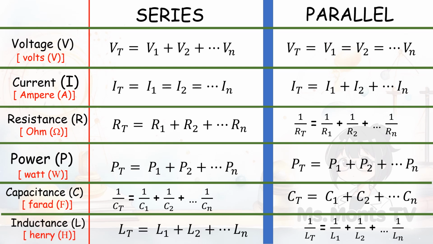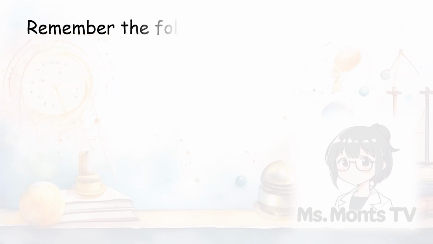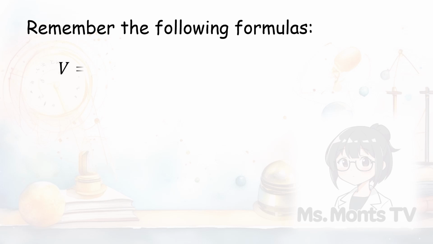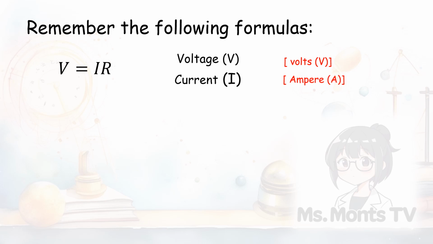Inductance. So the total inductance in series is L1 plus L2, and the total inductance in parallel is 1 over L1 plus 1 over L2. So you will know how to use it later. Remember the following formulas. Voltage equals current times resistance.